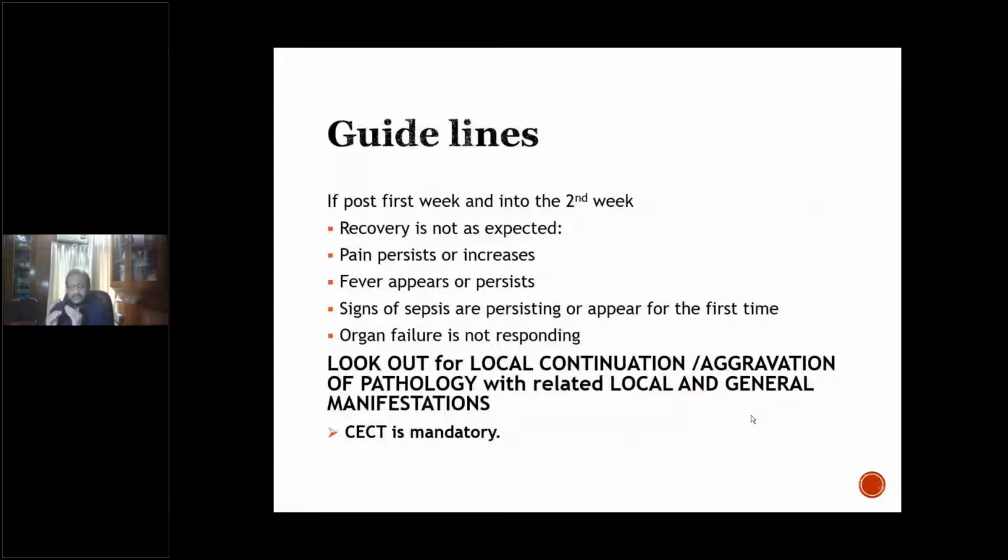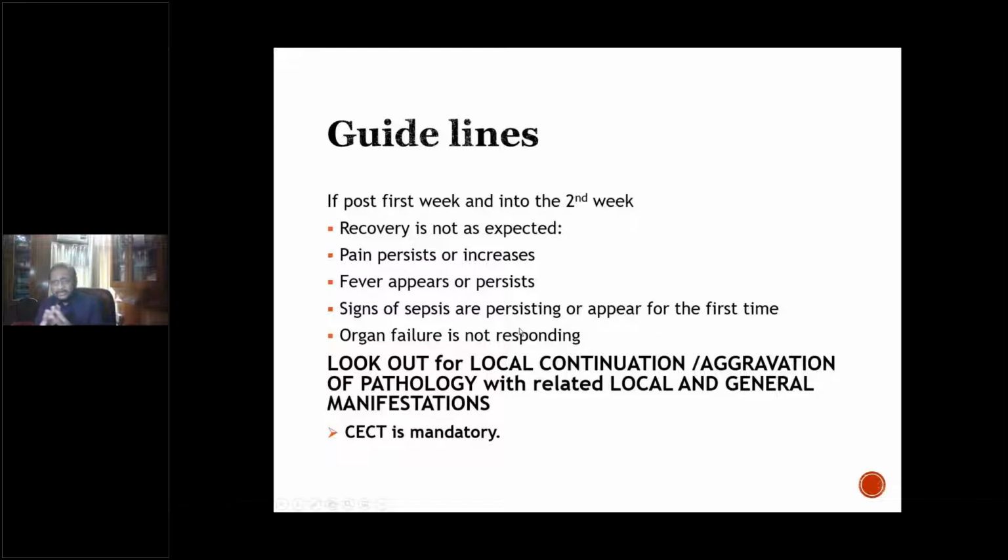If post first week and into the second week you find that the recovery is not as expected, number one; number two, the pain persists or increases; number three, fever appears for the first time or persists right from the first week itself; or signs of sepsis are persisting or appear for the first time, and or organ failure is not responding.